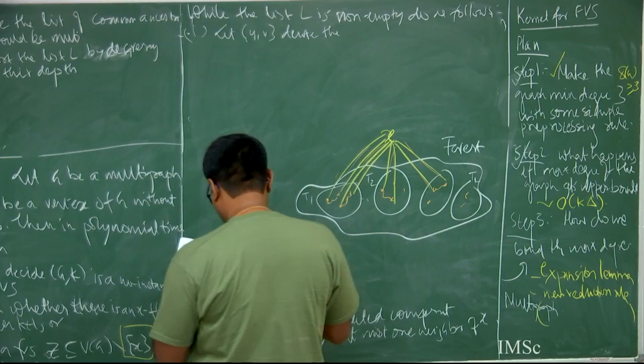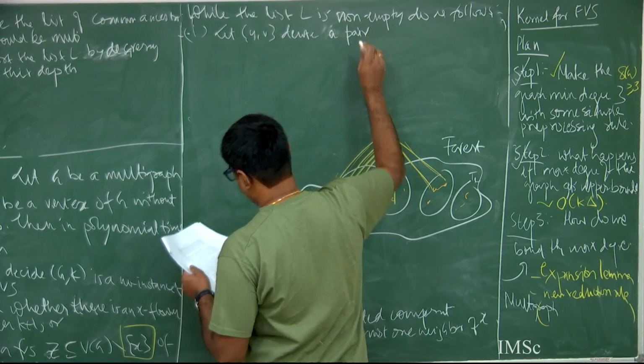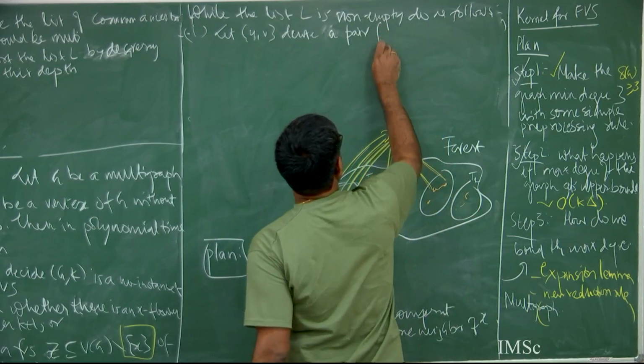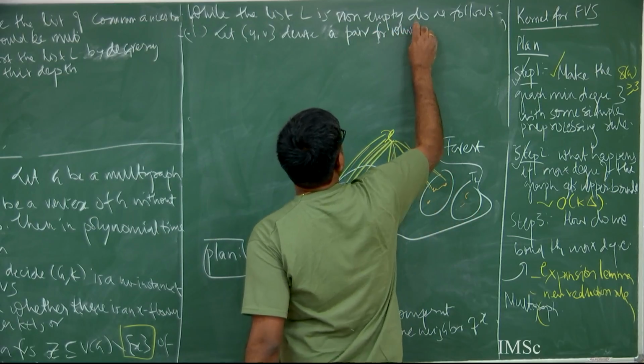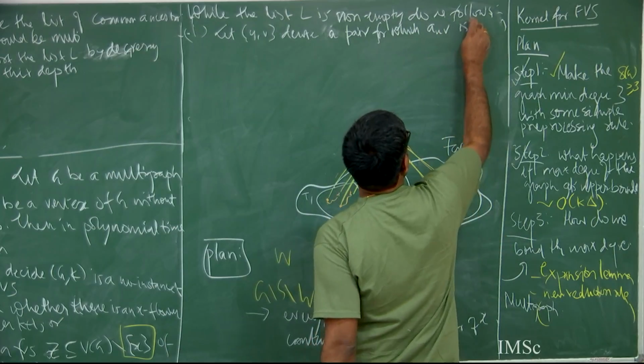Let (U, V) denote a pair for which A_UV is the first vertex in the list, right?